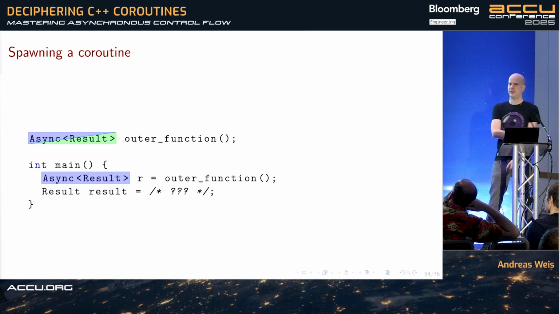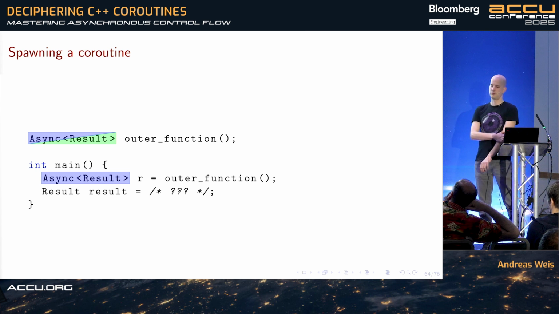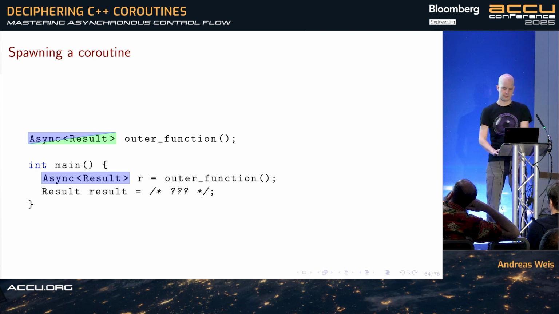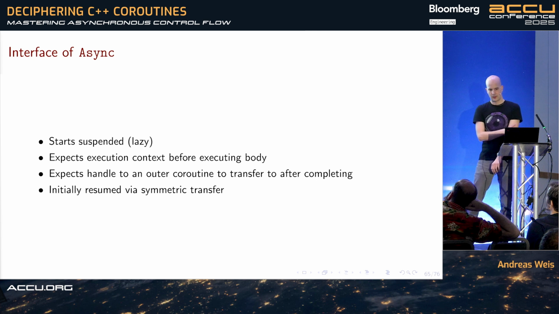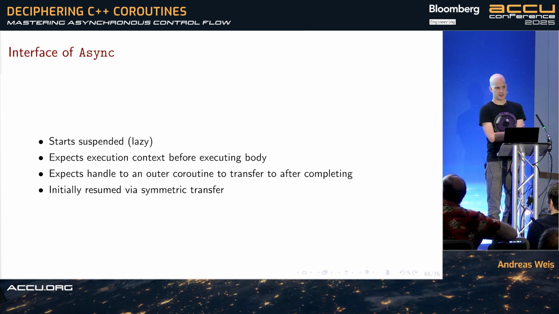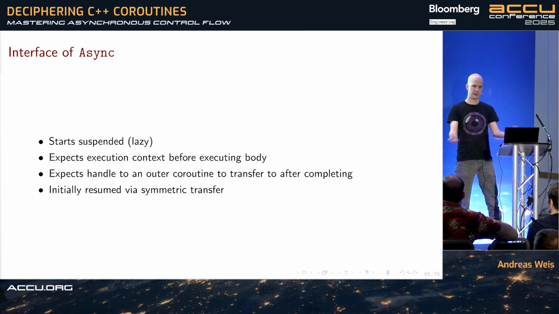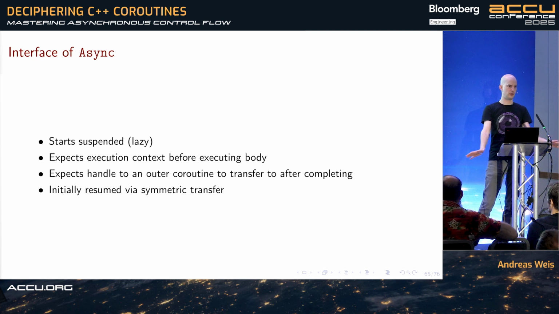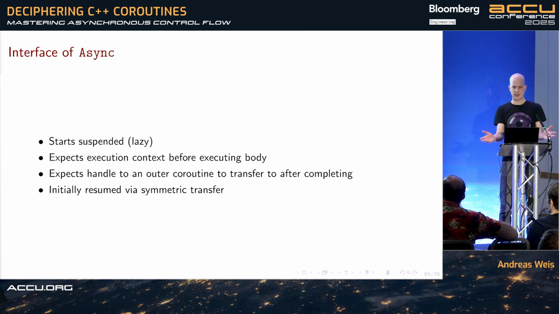So what is the interface of async? What are its expectations to the outer world? So the async, it always starts suspended, right? If I don't do anything with the async, if I just take the object, I don't co-await on it, it will not do anything, right? It's lazy.